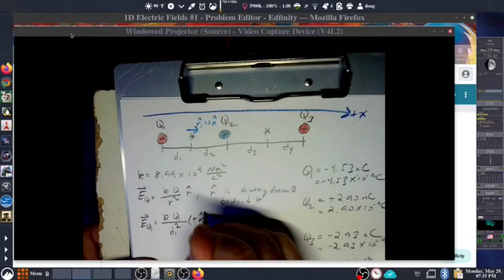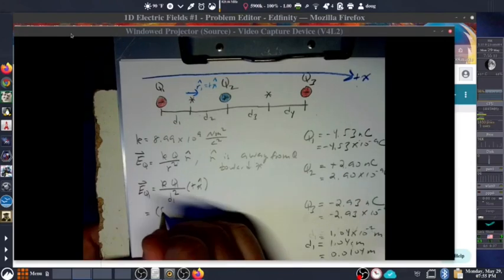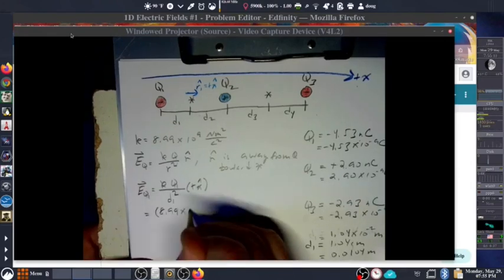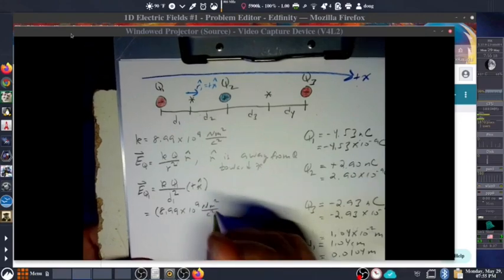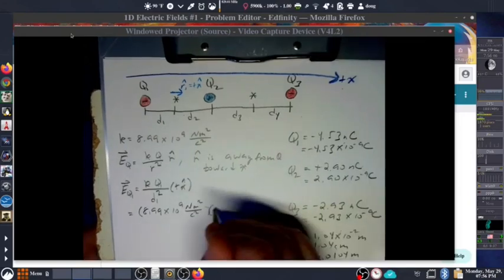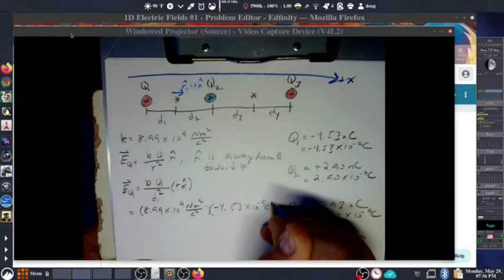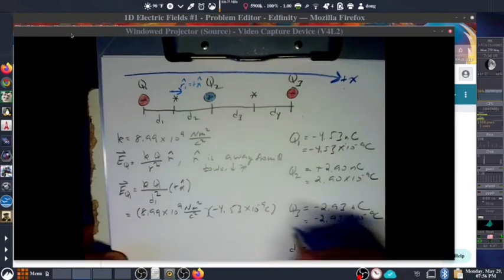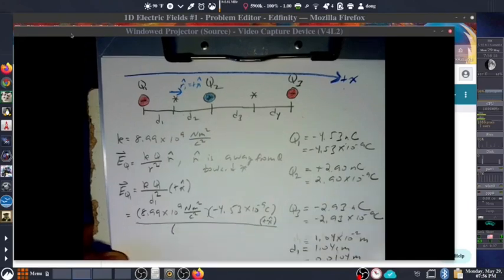If I put this all together, my k is 8.99 times 10 to the 9 newton meters squared per coulomb squared. My charge is 4.53 times 10 to the minus 9 coulombs. Remember, I've got my plus x hat here. And all of this is going to be divided by my d1.